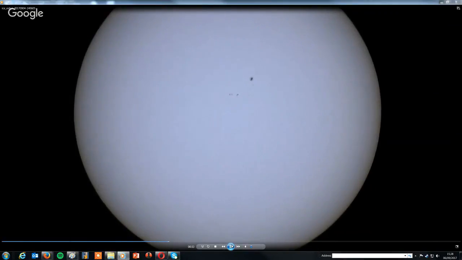What I tried to do was capture the ISS finishing, right at the end here, just to see how it disappeared. I'll pause it there.